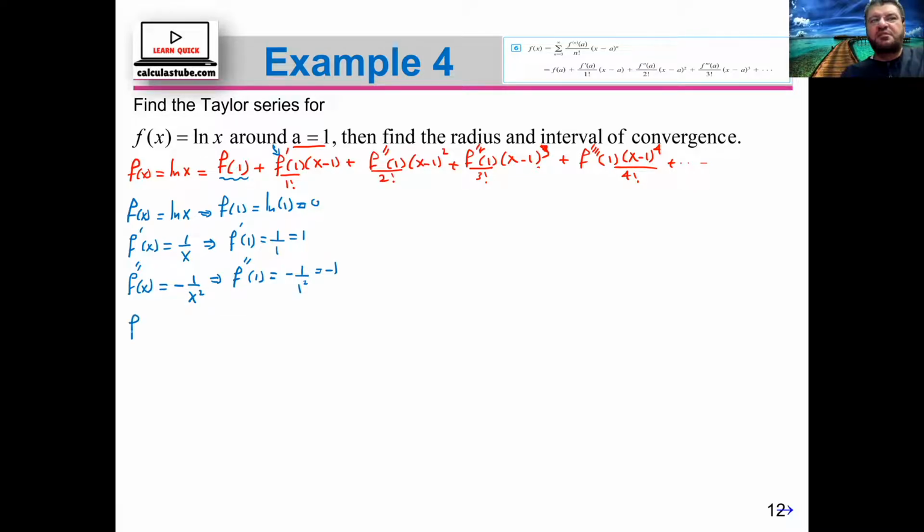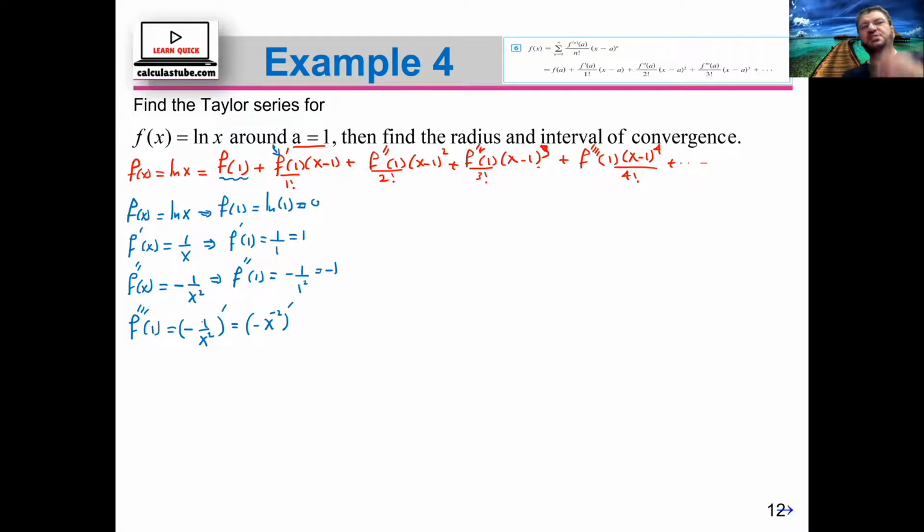Let's go to f triple prime at 1. By the way, this is the derivative of minus 1 over x squared. I need to differentiate this, right? It's a derivative of the second derivative. So the third derivative is the derivative of this function, which is the derivative of minus x to the minus 2.